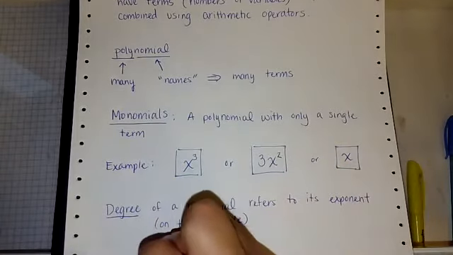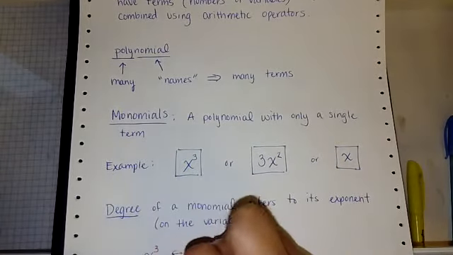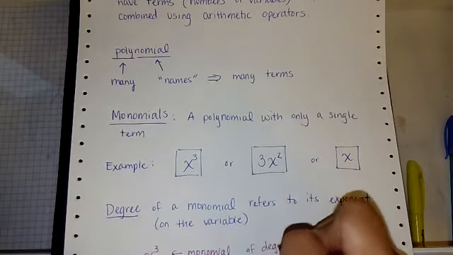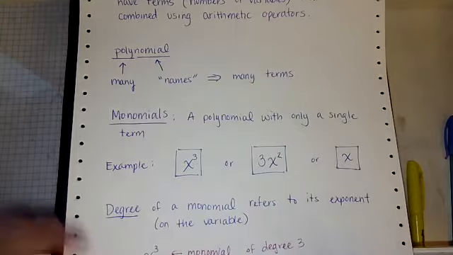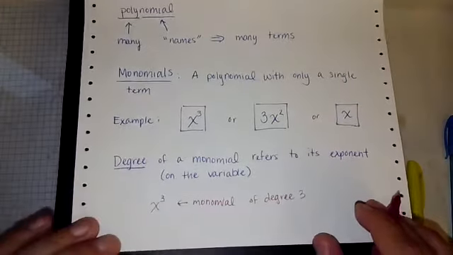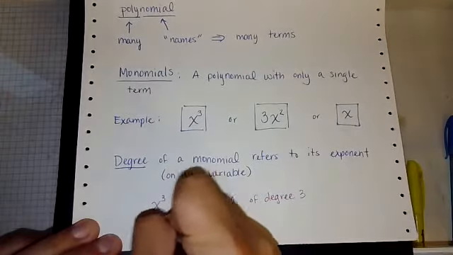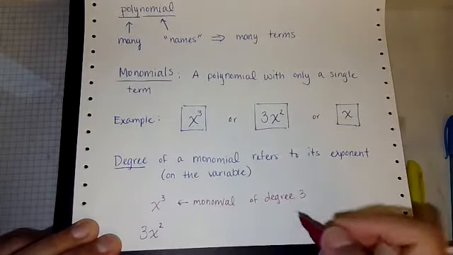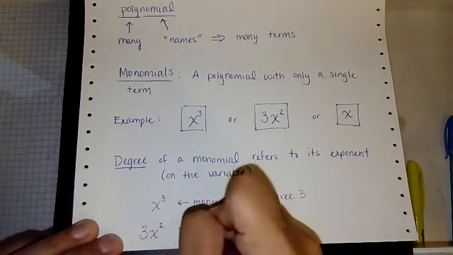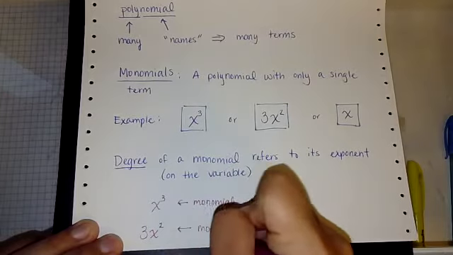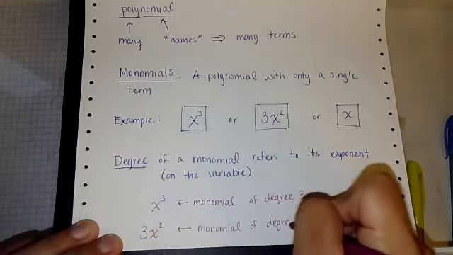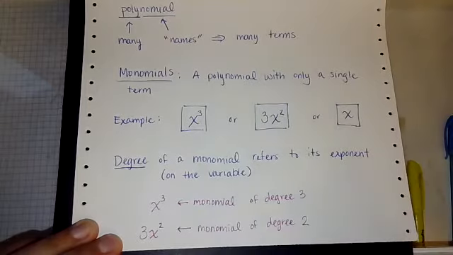So x to the third would be a monomial of degree 3. Whereas 3x squared, again, degree refers to its exponent, the exponent that's on the variable. So we would say that this is a monomial of degree 2.